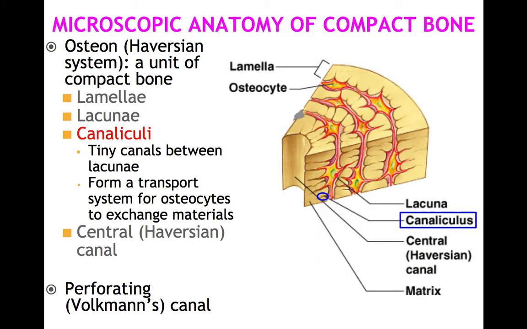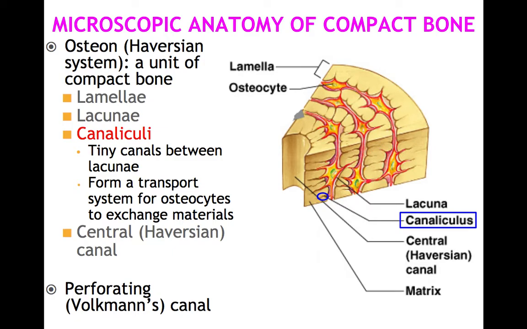Okay, so next, you know that these are living cells, and in order for them to survive, they have to be able to receive nutrients and get rid of waste. And so for that reason, you have these little roads, these little canals called canaliculi. Canaliculi meaning tiny canals, that form a transport system for the osteocytes. So here's a canaliculus, here's a canaliculus, here's a canaliculus.